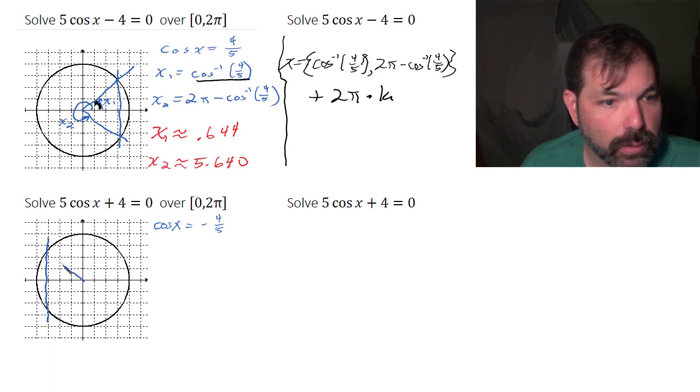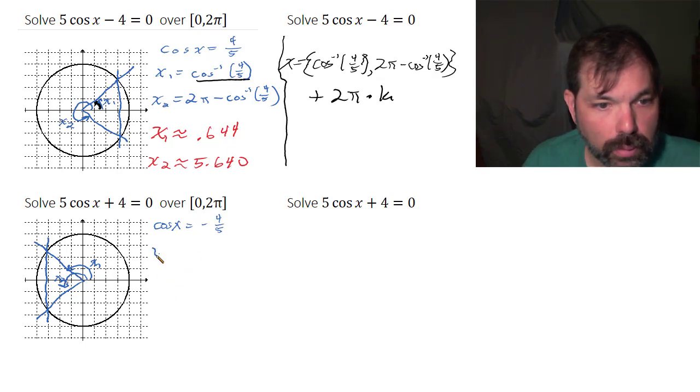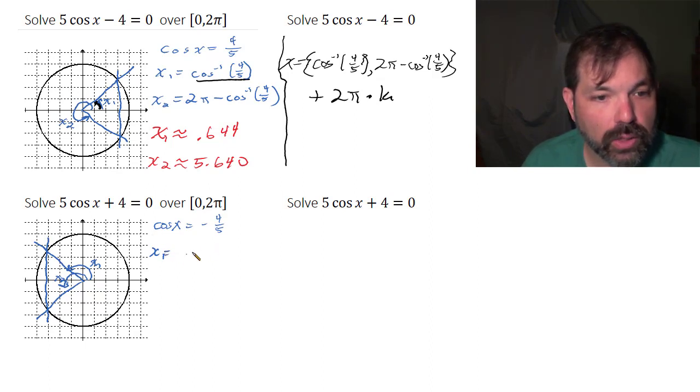And so here's the first angle. Here's the second angle. So here's x1. And there's x2. Alright, so x1, by the way the inverse cosine works, x1 is the cosine inverse of negative 4/5.